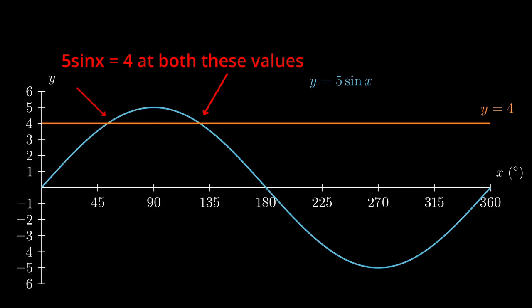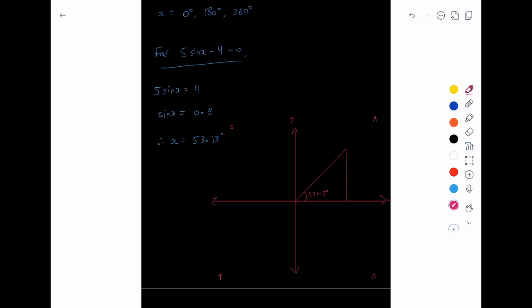From this, we can go onwards to our quadrant, and therefore since 0.8 is obviously positive, we can put it in quadrants 1 and 2, which means x is equal to 53.1 degrees, as you can see from the triangle, or x equals 180 minus 53.1 degrees, which equals 126.87 degrees.